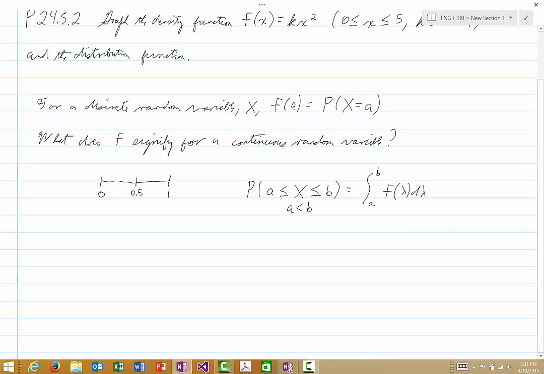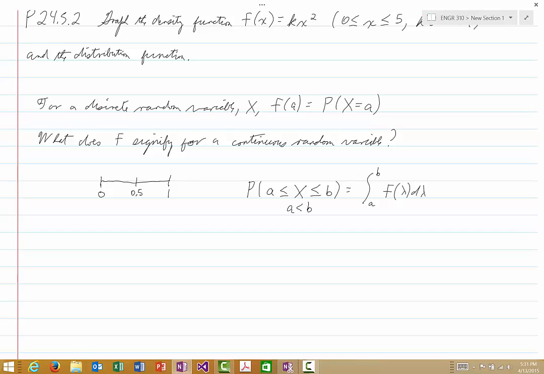But that is what the little f, or in other words, the density function, means for a continuous random variable: if we want to know the probability that the random variable has a value between A and B, then it's the integral from A to B of that density function.